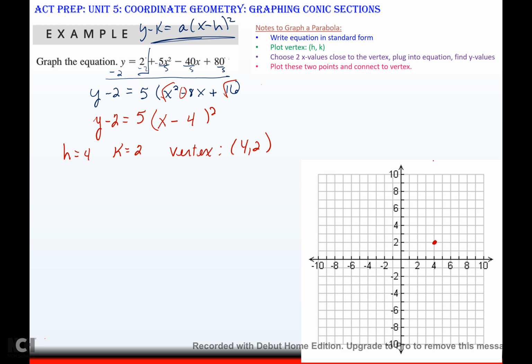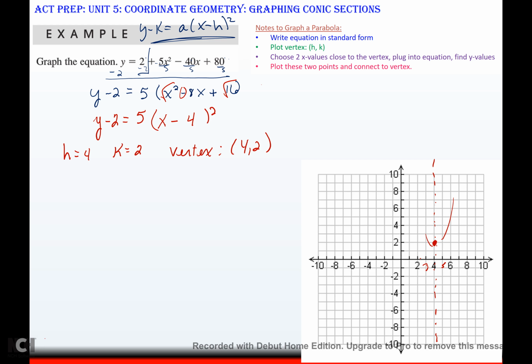Now, I know that my axis of symmetry is right through the vertex, always. And this one's vertical because x is being squared. And a is positive, so I know this is going to open up. But to get a good idea of how wide this is, I need to pick another point. Since the vertex was at 4, 2, I'm going to pick 3 or 5.